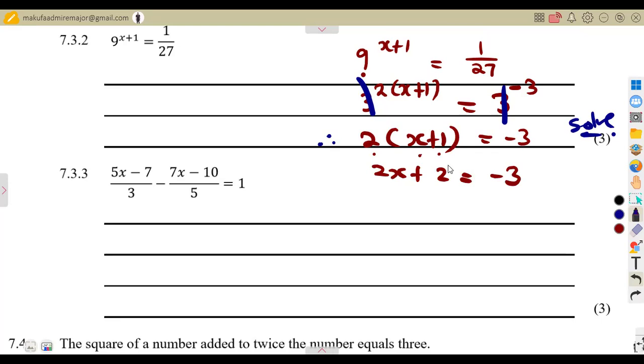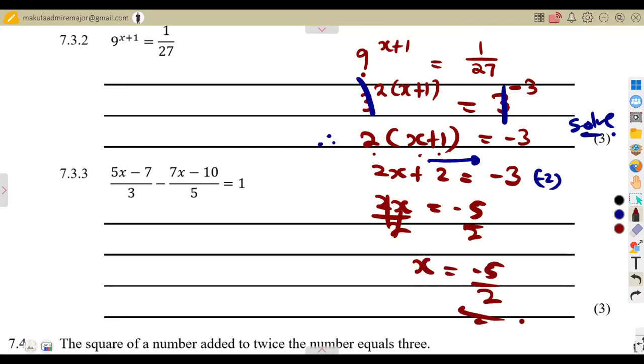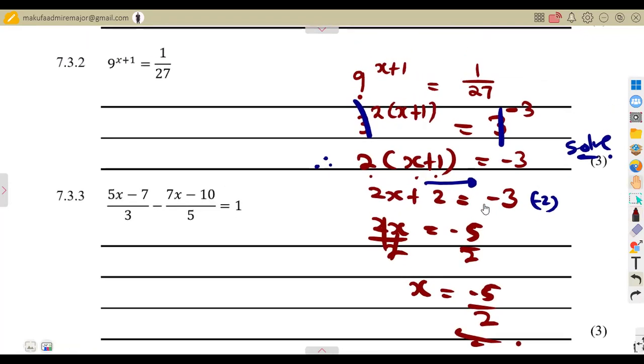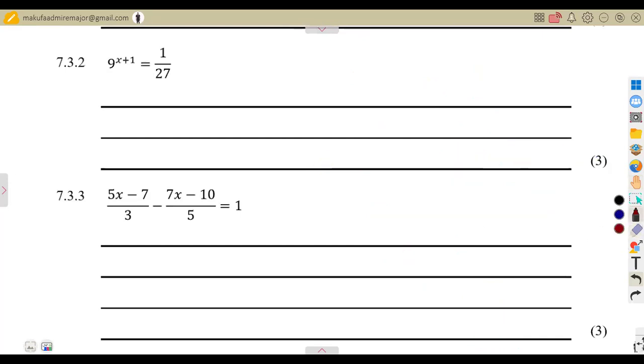So you can collect the like terms, the 2 to the other side. It was going to be a negative. That's minus 3 minus 2, which is going to be a negative 5. So that's it. Divide by 2 to obtain the x, which was going to be minus 5 over 2 or minus 2.5. So guys, this is what we had.